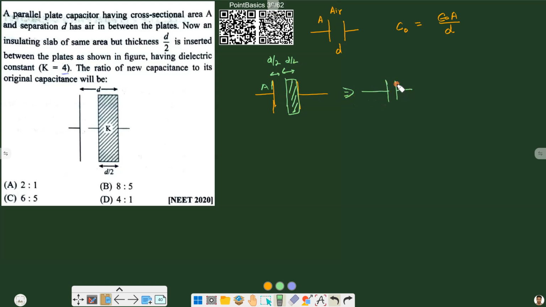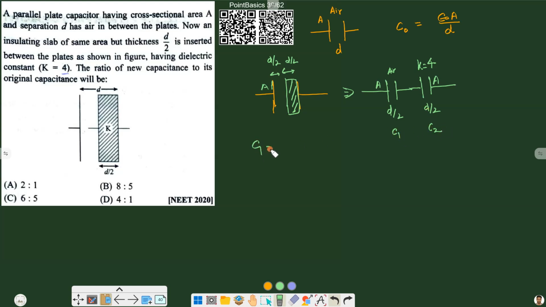The first capacitor has air inside it as a material, with thickness D by 2 and area A, and in series with it there is a second capacitor which has a dielectric material of dielectric constant K equal to 4 inside it, with thickness D by 2 and area A. Now let's assume this capacitor is C1 and this capacitor is C2.